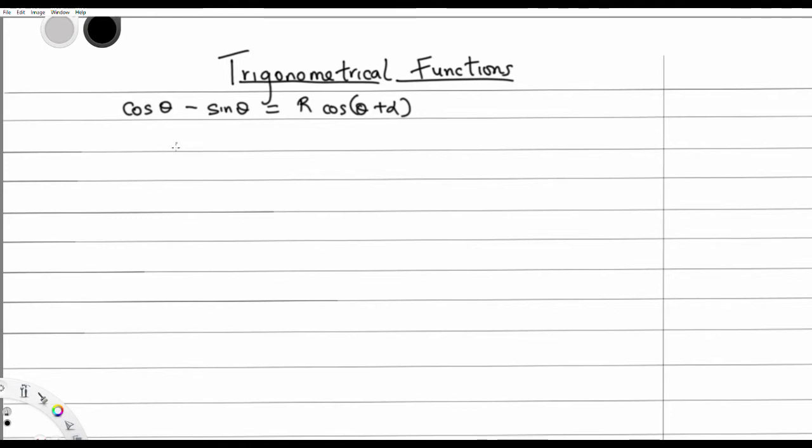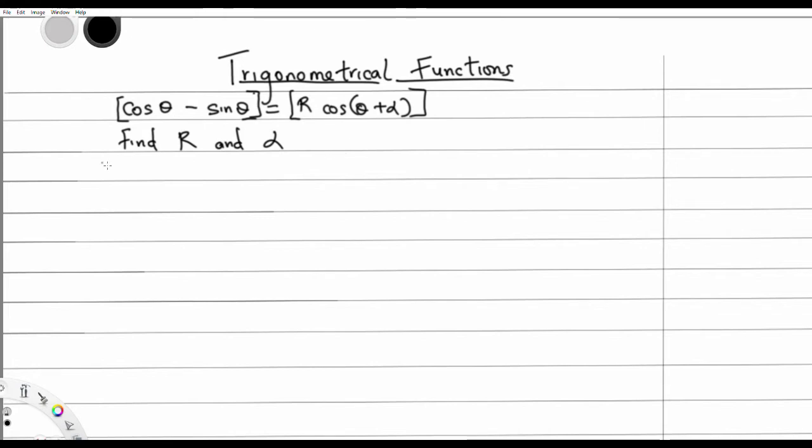Now, firstly, let's understand what this is. You see this question like this, and you're told to find R and find alpha. Firstly, you're told to convert the equation on this side into this form: r cos(theta plus alpha).